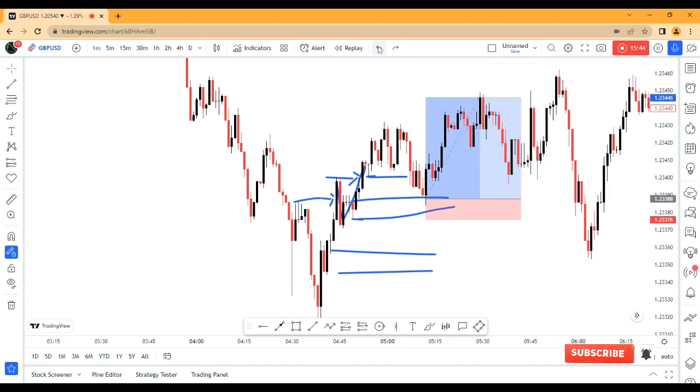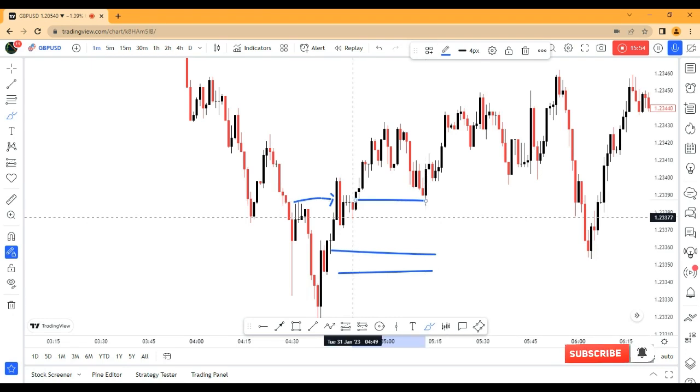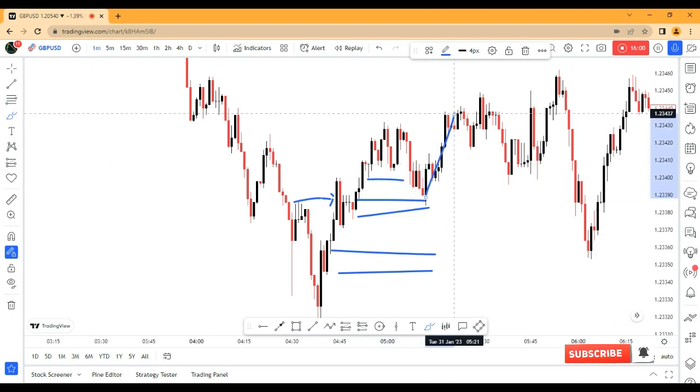So let's continue. When price breaks this structure and then respects this particular level, and then clears this inducement, now price has moved up. When price moves up, what happened? It breaks this structure again. So when price breaks this structure, our first pullback was this particular leg.